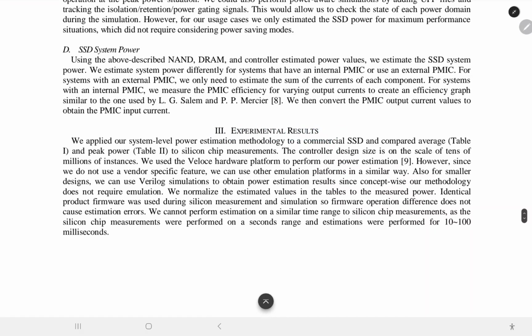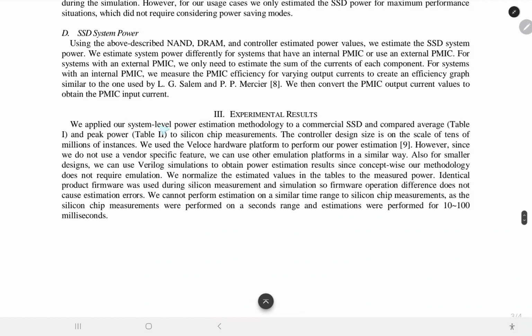3. Experimental results. We applied our system-level power estimation methodology to commercial SSDs and compared the average power, Table 1, and peak power, Table 2, with the silicon chip measurement. The controller design size is on the scale of tens of millions of instances. We used the Veloce hardware platform to perform our power estimation.